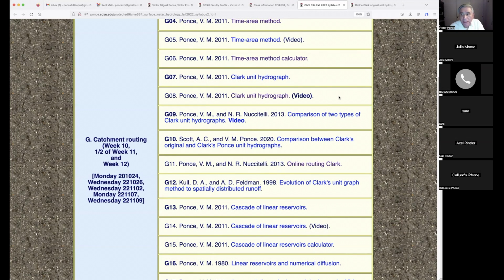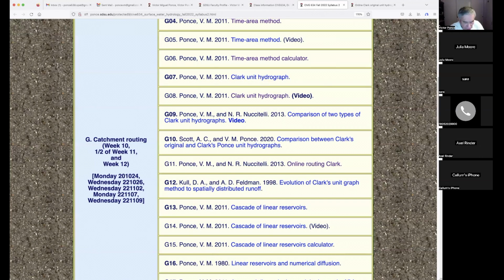Okay, with that I want to say at the beginning that there are two processes, I guess you could say primary and secondary processes in physical processes that we're going to track in catchment routing, as well as in all routing, and in channel routing too.